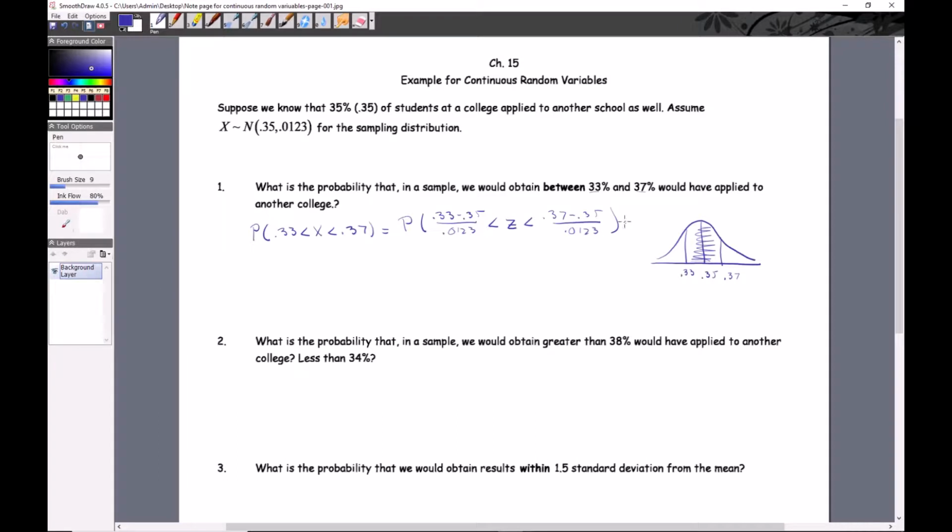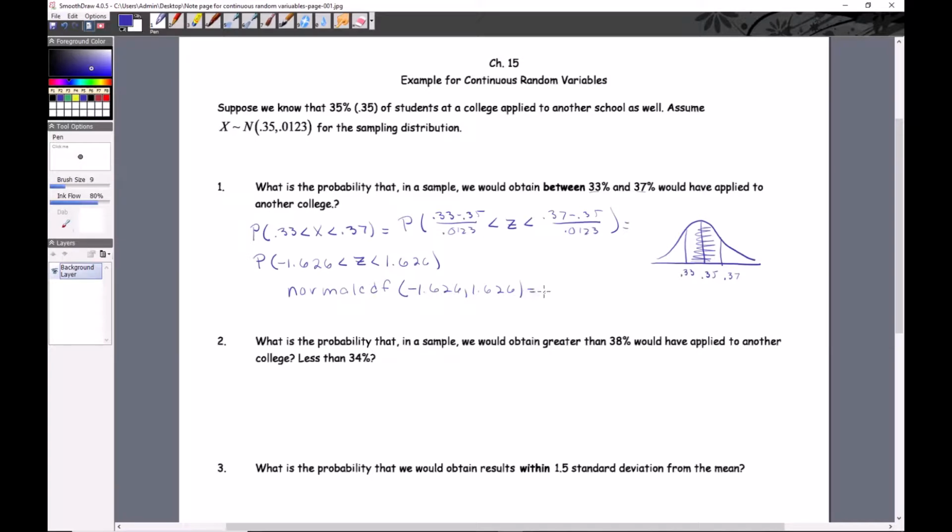If you shrink those down to a single number, that'll be the probability of z, negative 1.626 less than z, which is less than positive 1.626, right? And we'll determine that by doing a normal CDF from negative 1.626 up to positive.